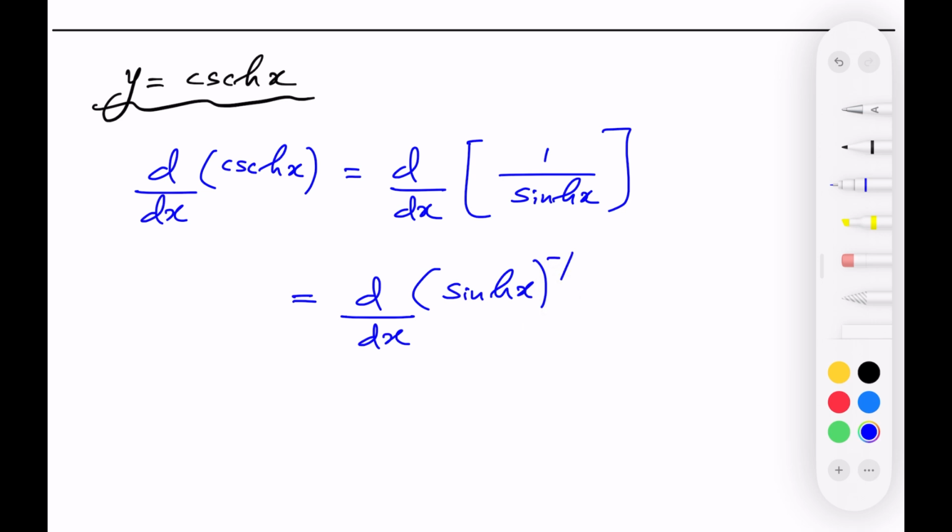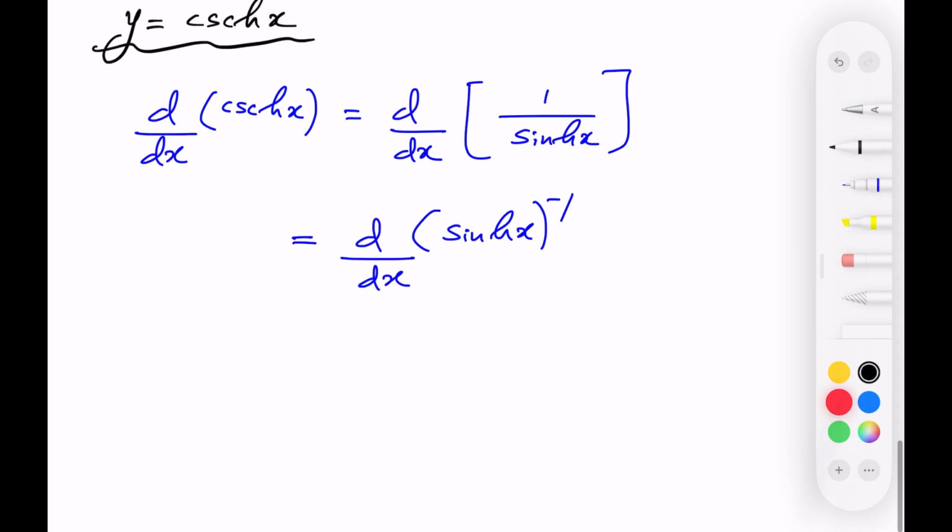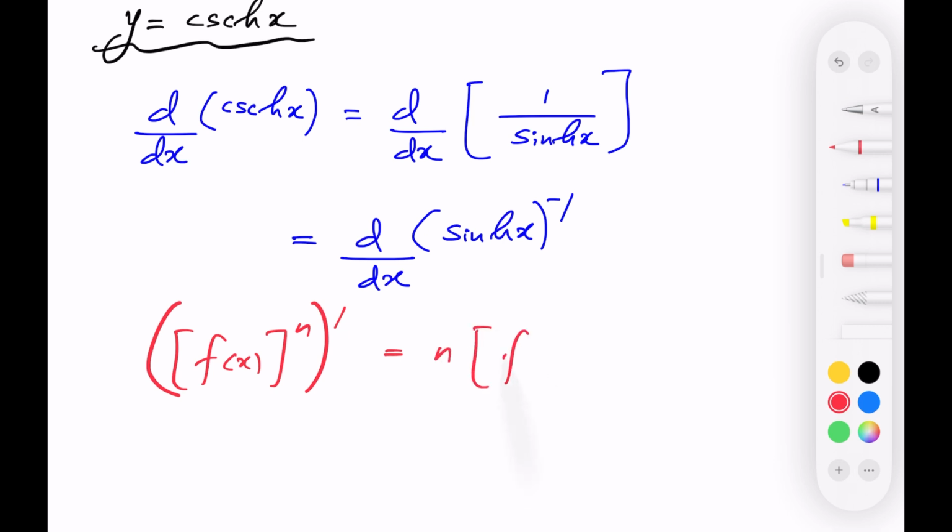That's the one I have to differentiate. So how do you apply the power rule for this? Remember the power rule: if you have to differentiate f of x raised to the power n, the derivative of that is equal to n times that same function f of x raised to the n minus first power times f prime x.